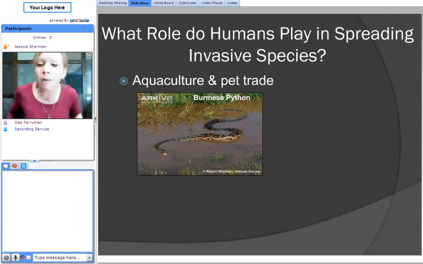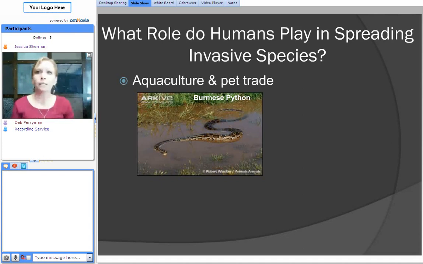So Burmese pythons are a snake that is very popular in the pet industry. And these are being released at high rates in the Florida Everglades. So people will get these snakes when they're small, and they can get quite large. They can become 10 to 12 feet long in just a few years, like you can see in this picture. So people will purchase these pets, and then when they get too big, they just kind of release them.